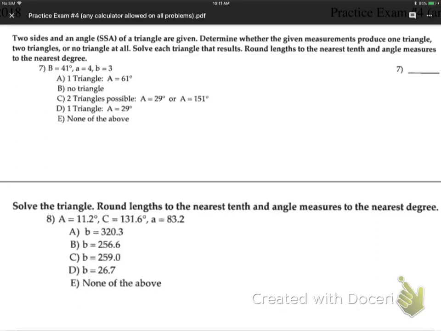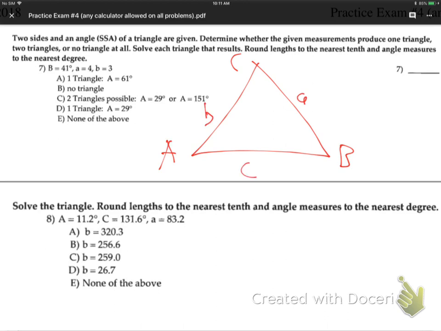So if you draw the picture here, A, B, C, little a, little b, little c. They're telling me big B is 41, little a is 4, little b is 3. See, these two say, do law of sines, please, don't they?